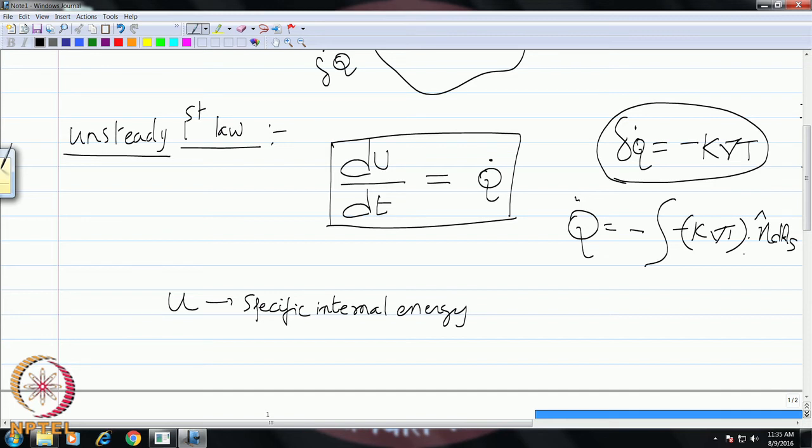Therefore, for the entire volume, how do you write this capital U, or let us say dU by dt? For the entire volume it can be written as d by dt of integral u dV. So, here I am going to define slightly, again I will call this internal energy per unit volume. Okay.